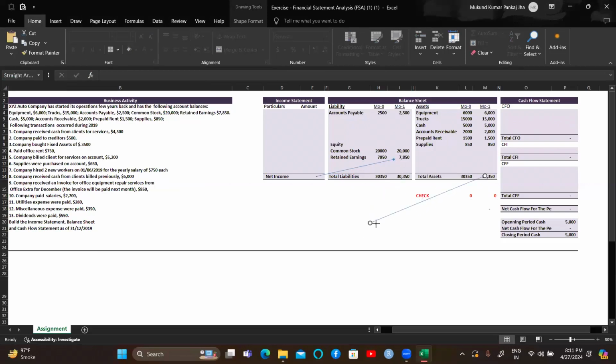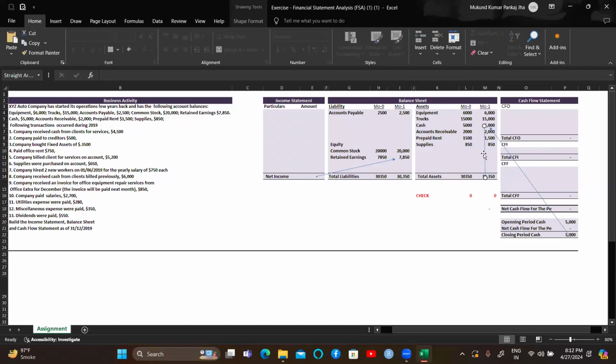This total assets will include my cash flow, and precisely cash in the balance sheet will reflect my cash flow, and this cash in the balance sheet will again be the part of my total asset.